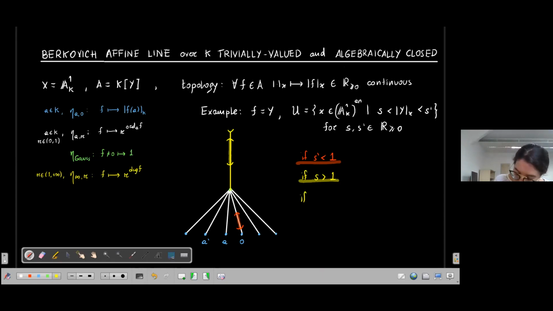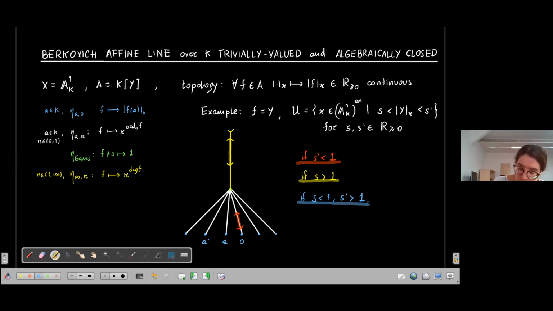Sorry, let me change color so that it will be clear. So what happens if now we look at S smaller than 1, but S prime bigger than 1? In this case, we already know that the Gauss norm will sit inside. So we know that we will have the Gauss point for sure inside.